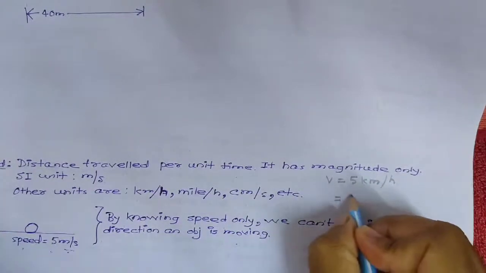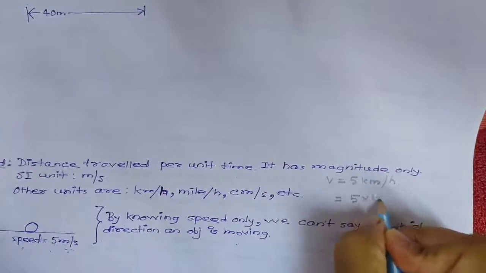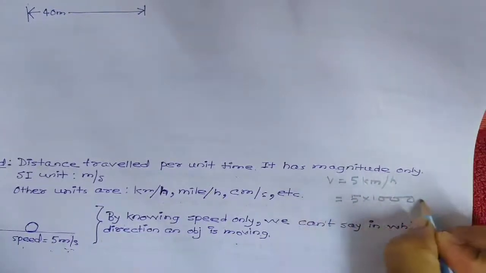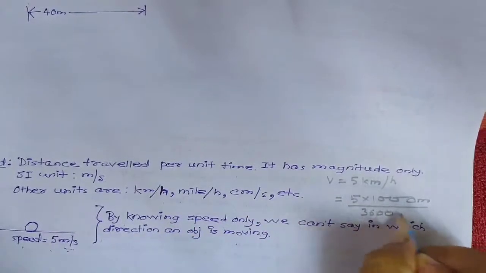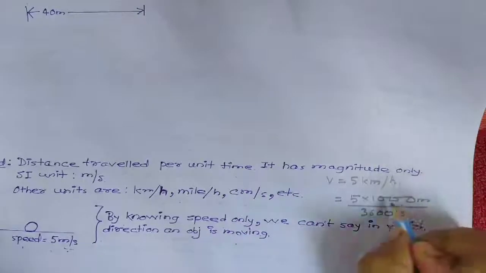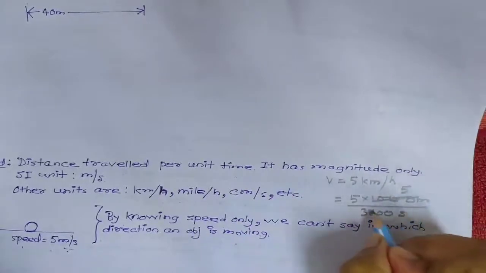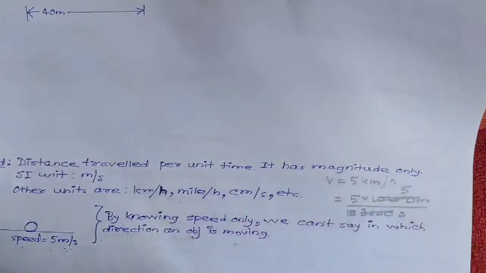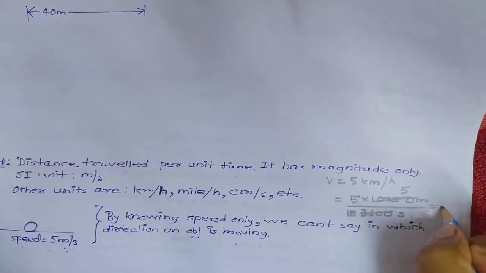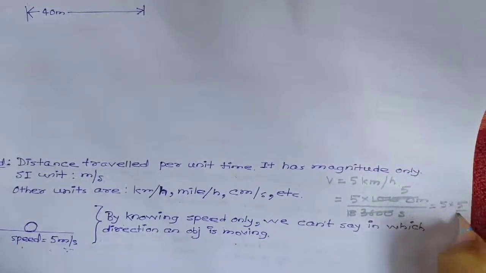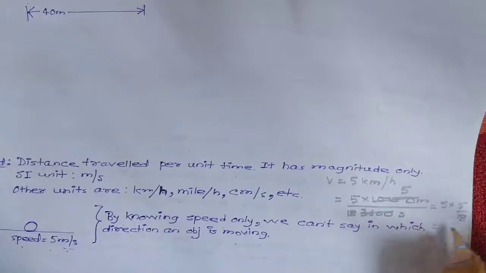In 1 kilometer there used to be 1000 meter. Okay, and in 1 hour there used to be 3600 second. Fine. So if you divide, you will get a factor of 5 by 18. Okay, and that means 5 into 5 by 18, some value will come out.